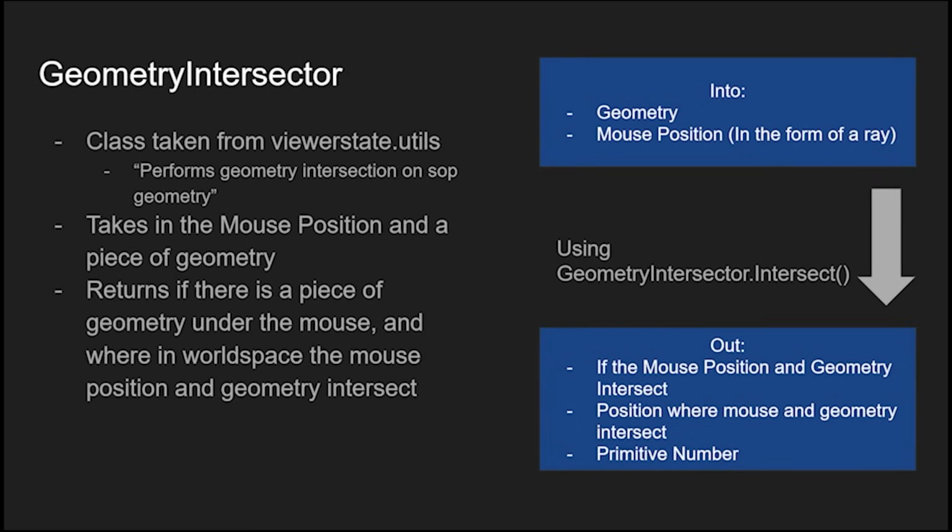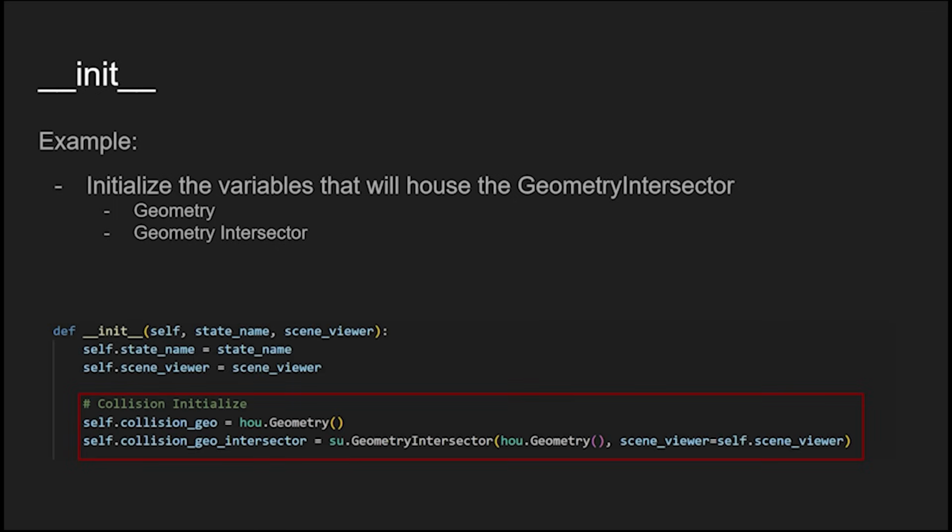If you feed in the mouse position and a piece of geometry into an instance of geometry intersector, it will return whether or not it finds geometry underneath the mouse, the position where the mouse cursor and geometry intersected, and what primitive was under the cursor when that check was made. So here we are implementing the geometry intersector code in our init.